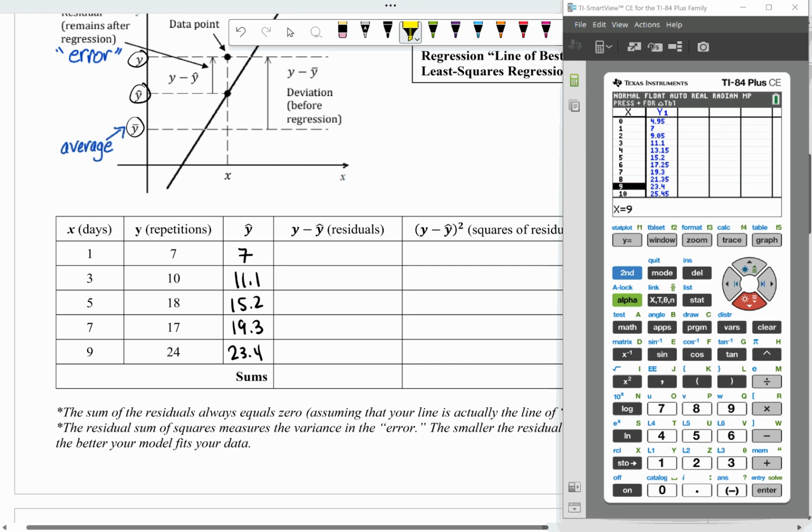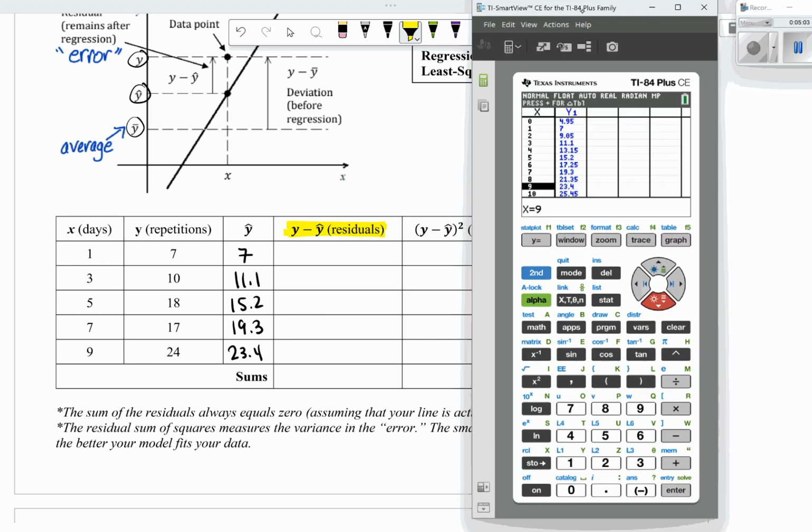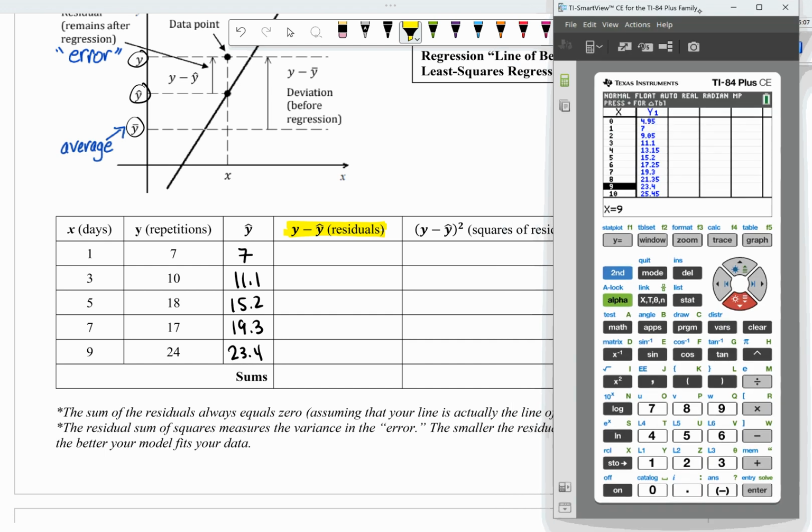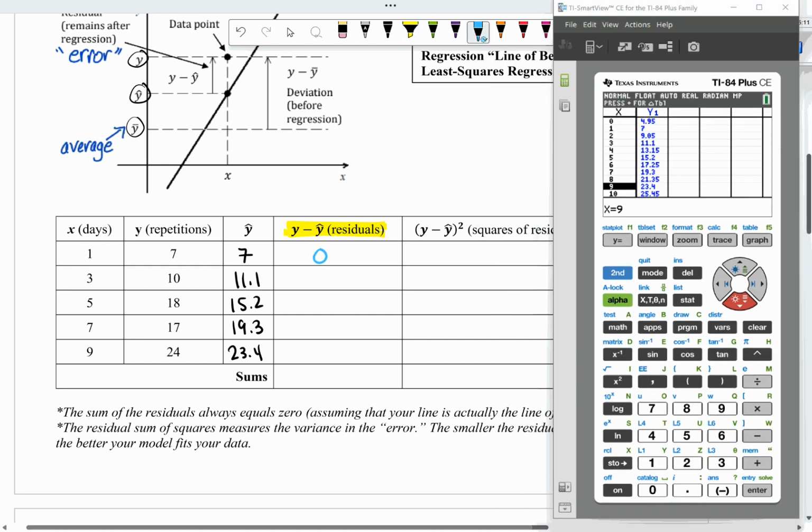So now we're going to calculate the residuals. So remember, that's the error. So it's always your original data point minus your linear regression point. So we calculate those for each of these values. We have 7 minus 7 is 0. 10 minus 11.1 is negative 1.1. 18 minus 15.2 is 2.8.